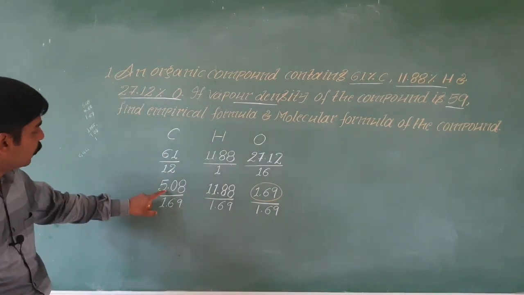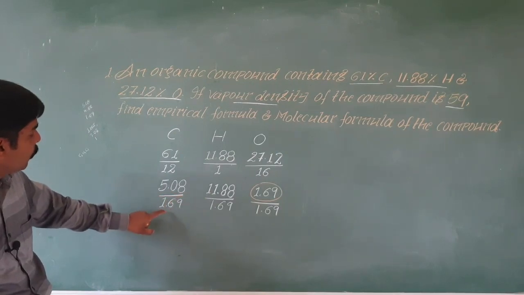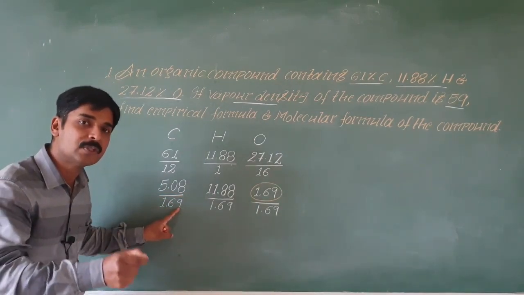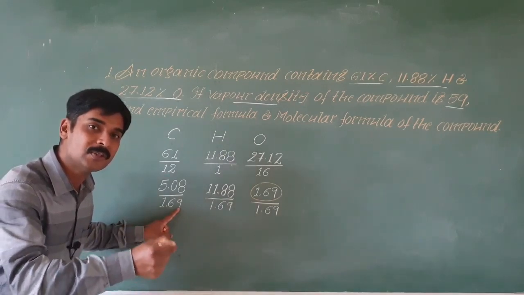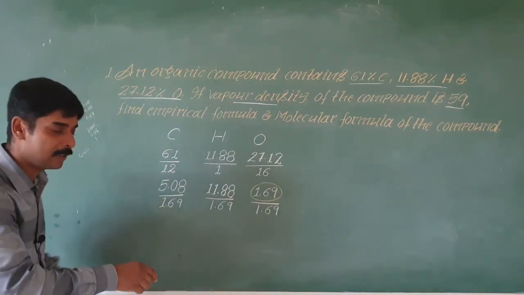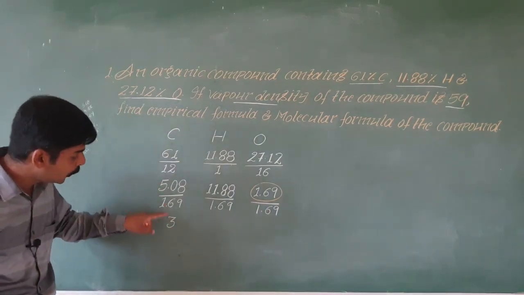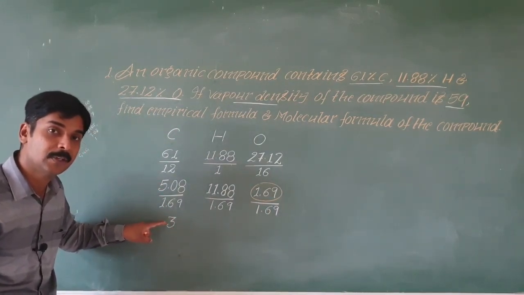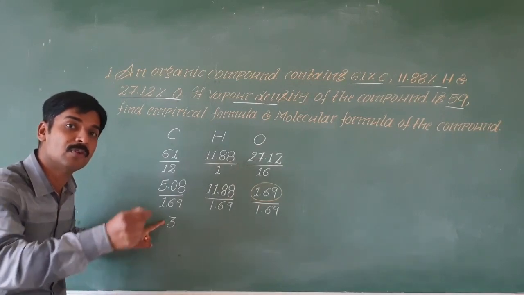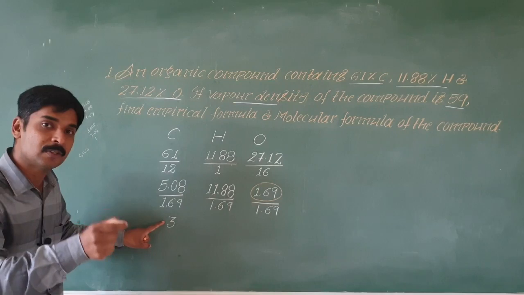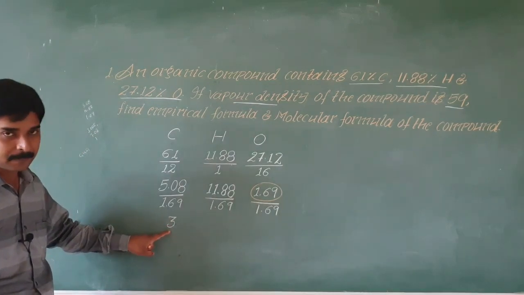Now if you divide 5.08 by 1.69, you will get 3.005. So 3.005 is nearest to 3, so I will round it off to 3. You should not write it as 3.005; you have to round off to the nearest whole number.